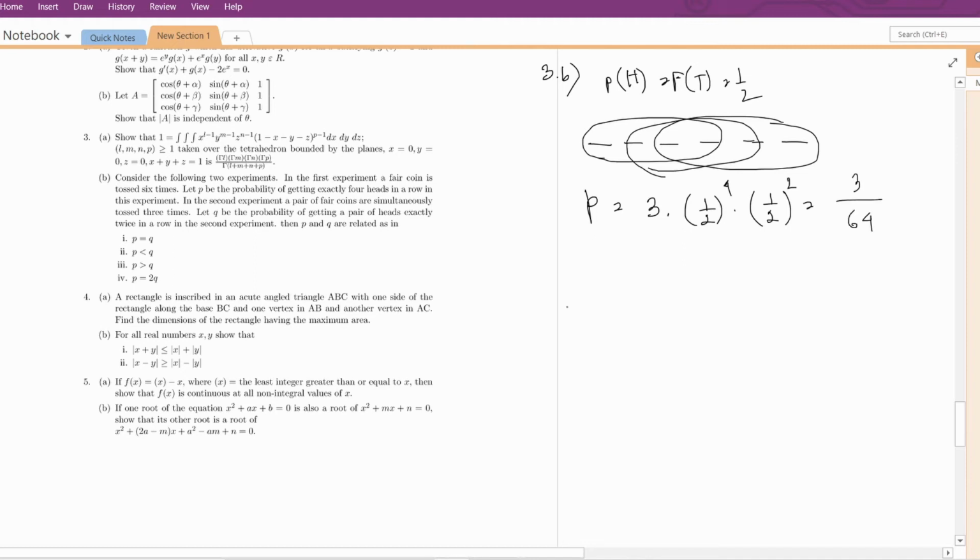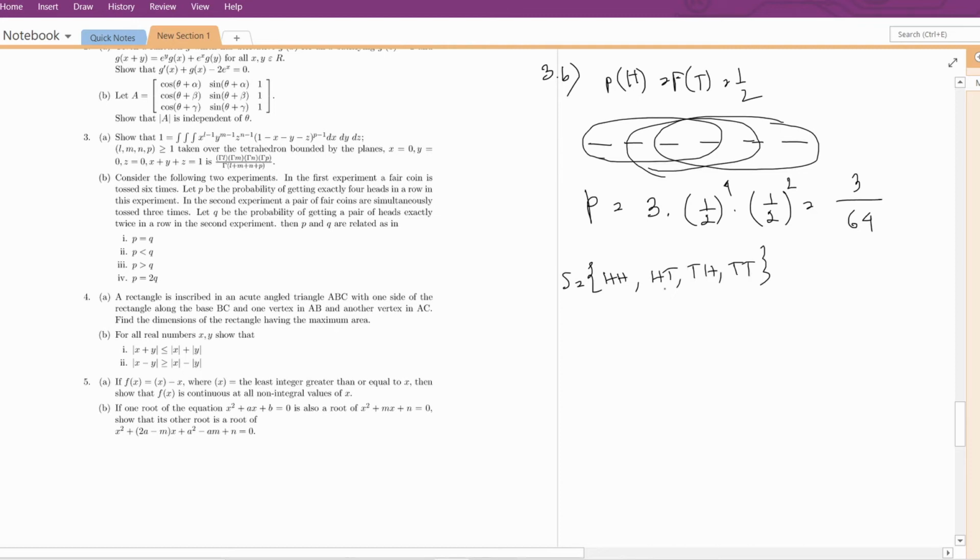Now the second experiment is a pair of fair coins simultaneously tossed 3 times, and Q is the probability of getting a pair of heads exactly twice in a row in the second experiment. For any time, as this pair of fair coins is simultaneously tossed, the sample space S is HH, HT, TH or TT.